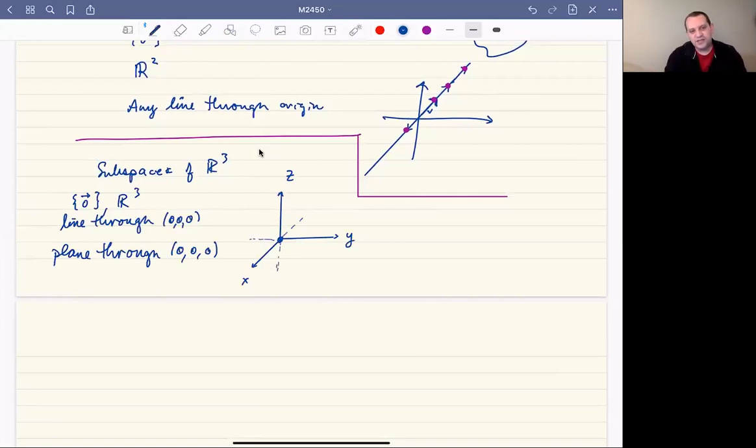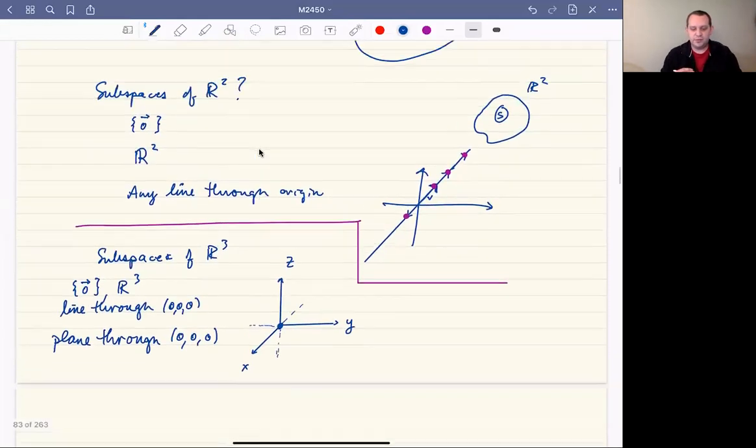I want to emphasize, why do the line and the planes have to go through the origin? I think this might be easier to visualize in R2. Think about if you have R2, and then you're going to consider some line that's not through the origin. Why is that not a subspace? Well, building off the previous video, it's because it doesn't contain the 0 vector. The origin itself is missing.